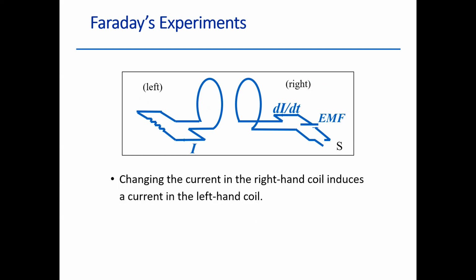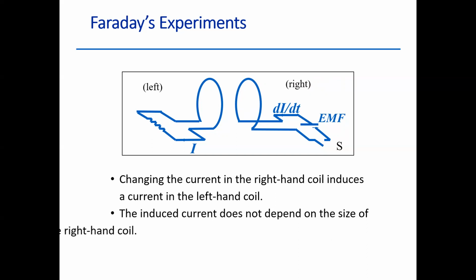If you set up two of these loops close to each other, like Faraday's experiment did, he figured that changing the current in the right hand coil induces a current in the left hand coil. The induced current does not depend on the size of the current in the right hand coil.